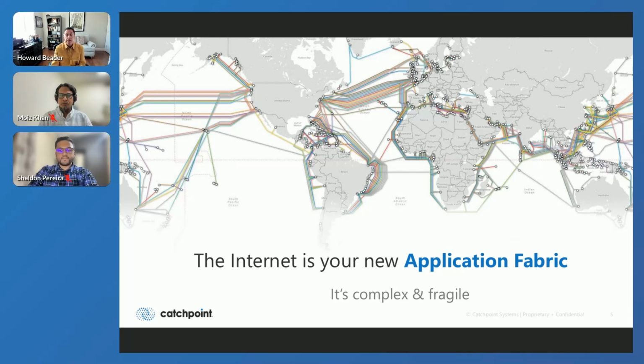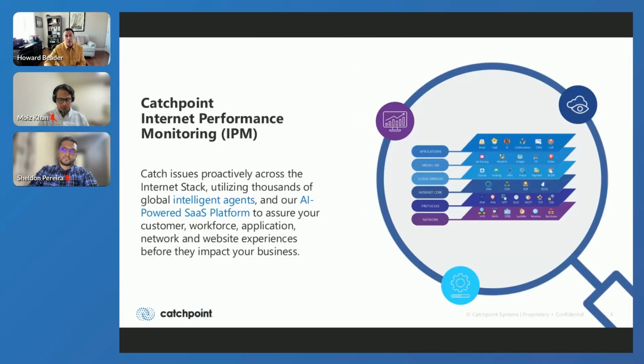We're all depending on the internet, not just as a pipe, but to ensure that our applications run, provide great user experience, and can transact within milliseconds. And that's where internet performance monitoring comes in.